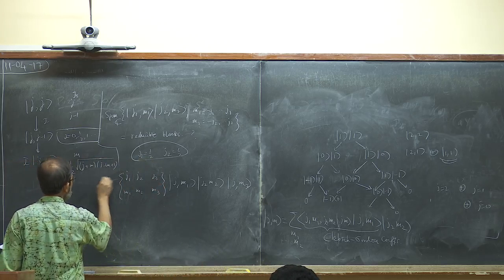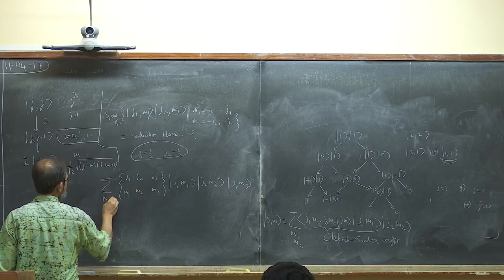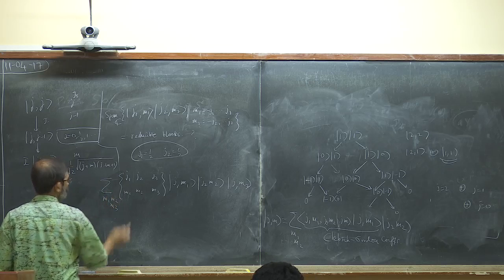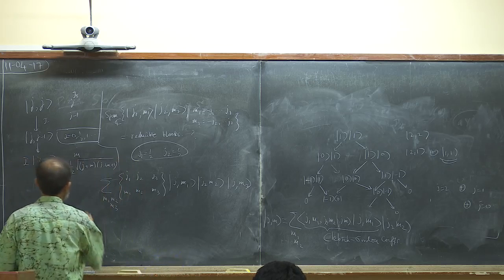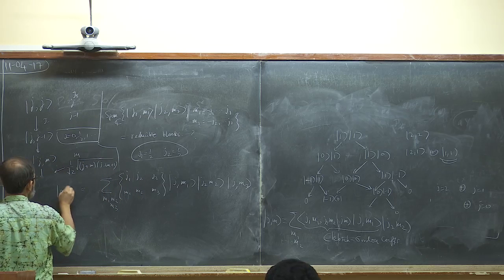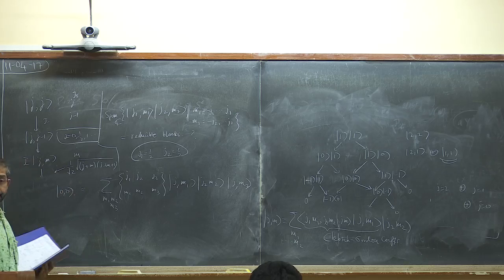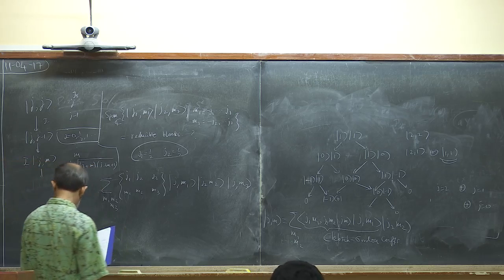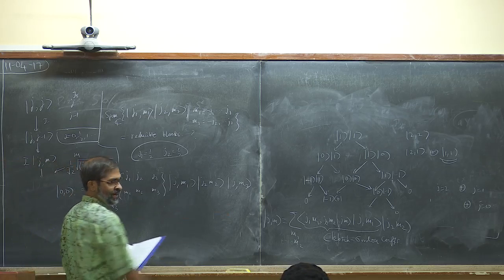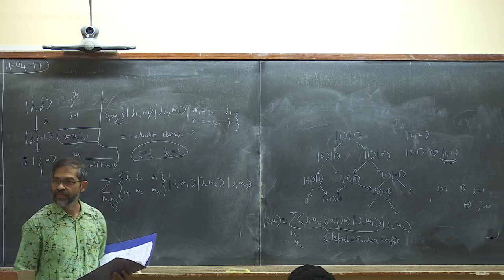The sum here is supposed to be over the entire range, whatever is allowed by the restrictions that I have said. This object is a singlet. If this is true, you can more or less see that this and that should be related.